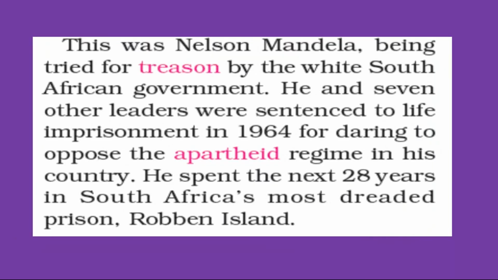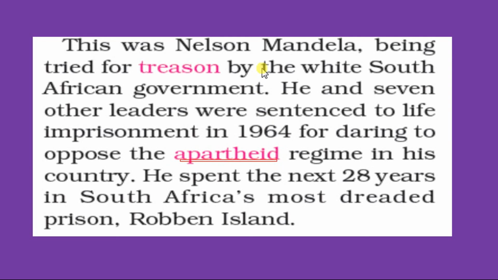This was Nelson Mandela being tried for treason. Nelson Mandela was kept in prison for very long, 28 years, for fighting against the apartheid policy. So what is apartheid policy? Apartheid is nothing but treating people on the basis of their color and race.